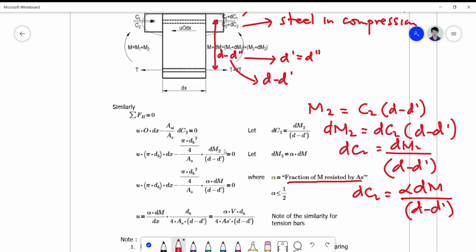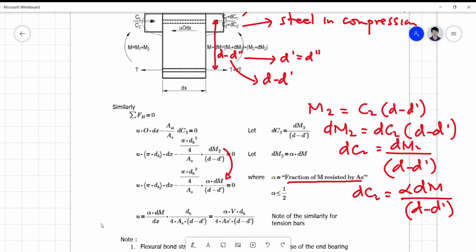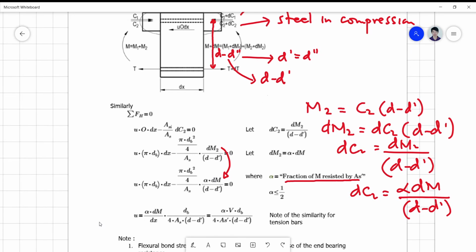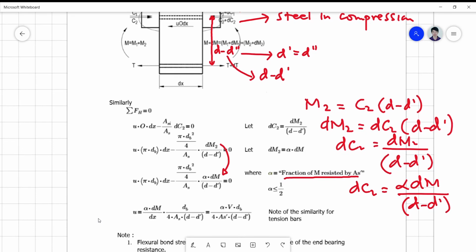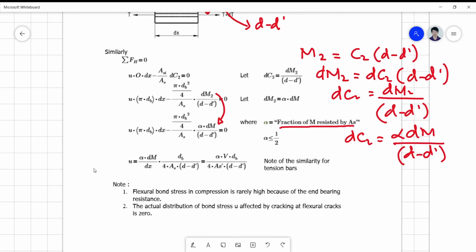That's why there's a switch here of dM2 to alpha dM. That is just the difference between the derivation of the tension and the compression bar.